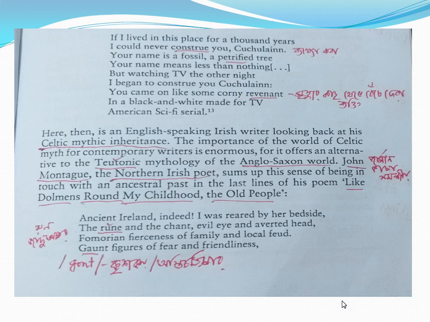An English-speaking Irish writer, looking back at his Celtic mythic inheritance. In Ireland, the Gaelic language was used in Scotland, but in Ireland, apart from the Irish language, another language was used, that is the Celtic language. And the Celtic language is related to their mythical past.